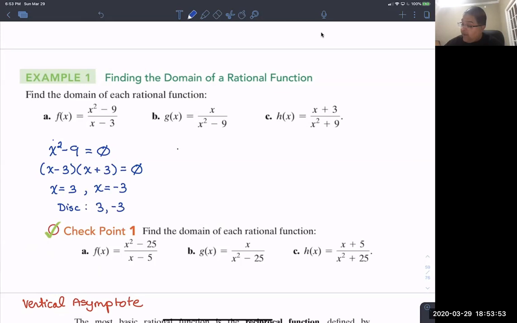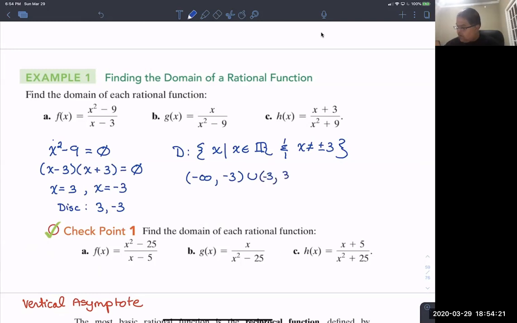That means my domain is x is all real numbers and x does not equal plus or minus 3. Okay. Now, using interval notation, this is what I'd get.